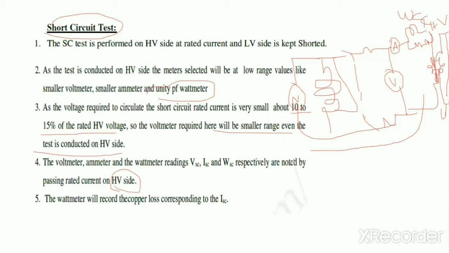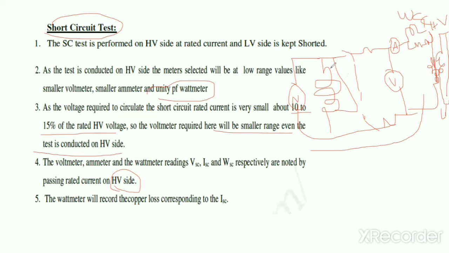What is meant by short circuit power? That is the copper losses. Therefore WSC is the copper losses, and W naught is the iron losses or core losses. What is the short circuit test? On the LV side we short circuit, and we conduct the test on the HV side.